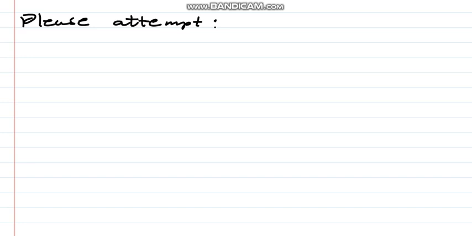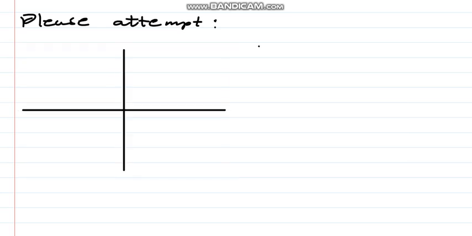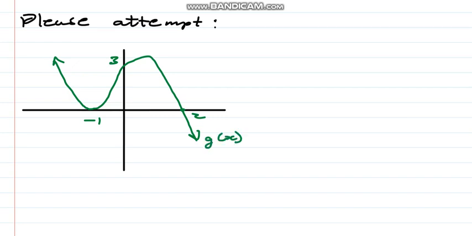Your graph looks like a graph that I haven't drawn so far, because a is negative, so your graph does this, then it goes there, then it turns somewhere there, and then it goes all the way down. Not the best graph I've ever drawn. This is going to be minus 1, this is going to be 3, and this is going to be 2. The function is g of x.